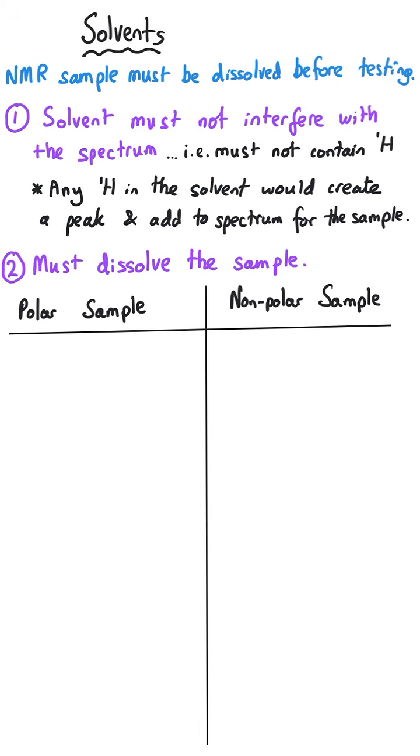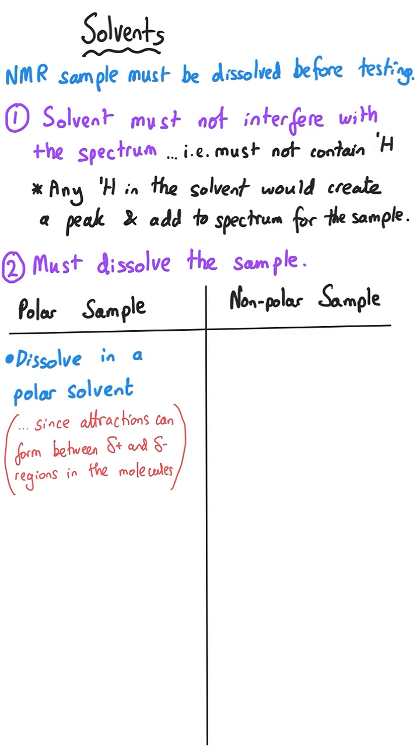There is a truism in chemistry, which is that like dissolves like. And the reason for that is that if you have a polar substance, it will need to dissolve in a polar solvent because that is the type of substance that it can interact with. It will be attracted to it. And similarly, a non-polar substance will need to be dissolved in a non-polar solvent.